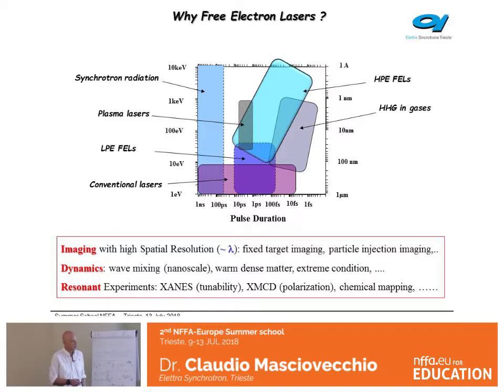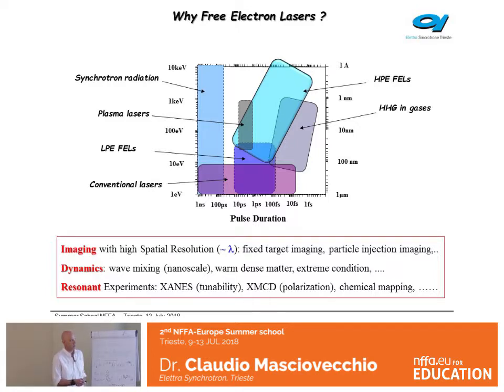Let's concentrate here. You see that they are complementary, but even in the common region they are complementary again, because HHG can go up to a repetition rate in the range of megahertz, while free electron lasers can't. But at the same time, free electron lasers can go to much higher energy per pulse, while HHG can't. We are talking about, for example, HHG in the range of 10 to the 6 photons per pulse, free electron laser 10 to the 13.